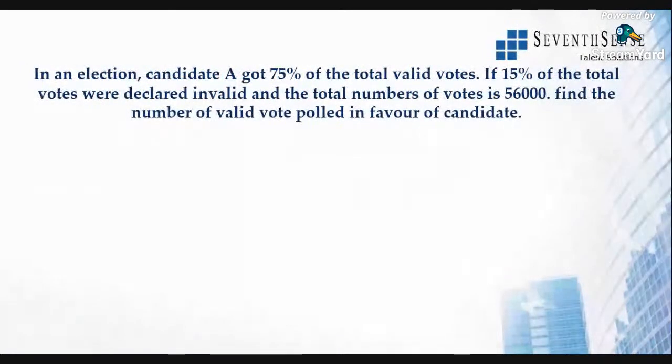Now they're asking, in an election, candidate A got 75% of the total votes. If 15% of the total votes were declared invalid, and the total number of votes is 56,000, find the number of valid votes polled in favor of the candidate, the one who wins the election.